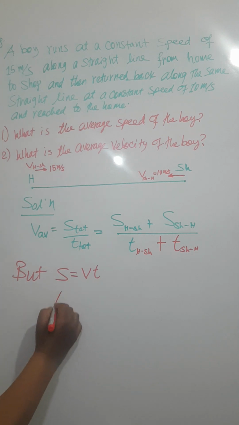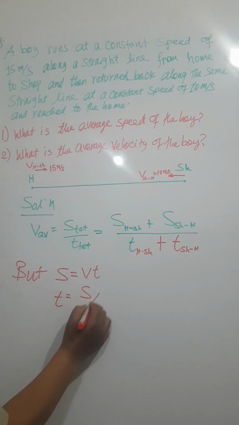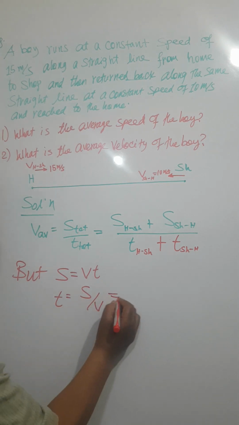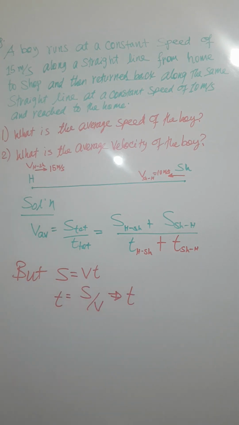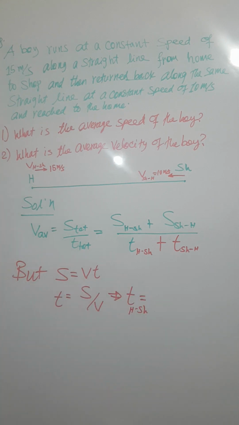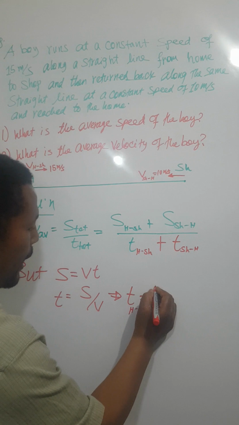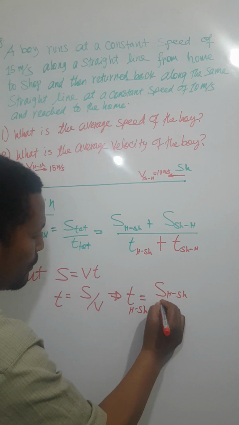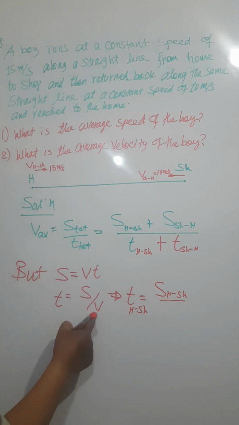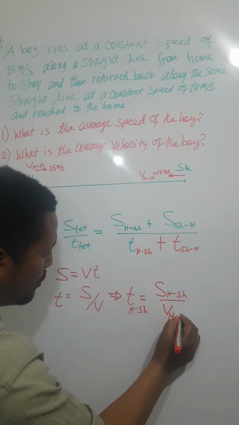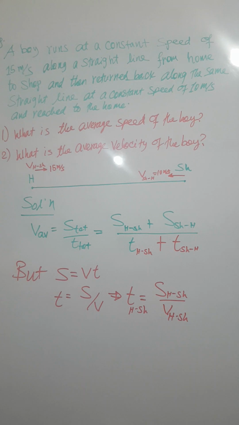So from this, time is equal to distance divided by speed. Then the time taken by the boy to run from home to shop is S home to shop divided by V home to shop.